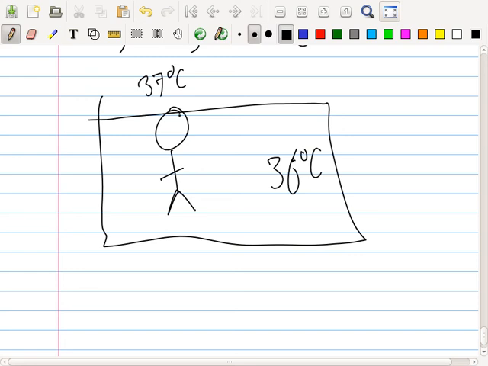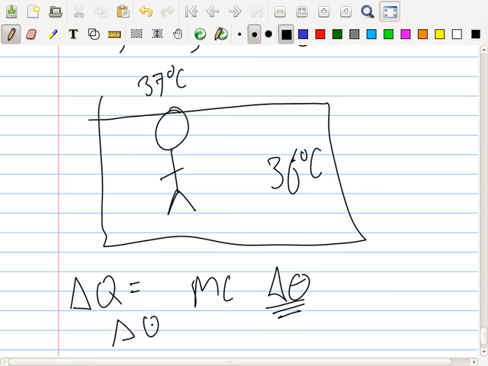Let's calculate how much energy you need to do this. Delta Q equals m c delta theta. The delta theta is easy because you just want to increase it by 1 degree. So the energy will just equal the mass times the specific heat capacity.